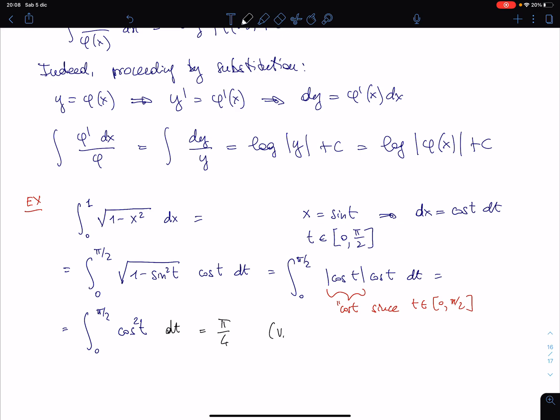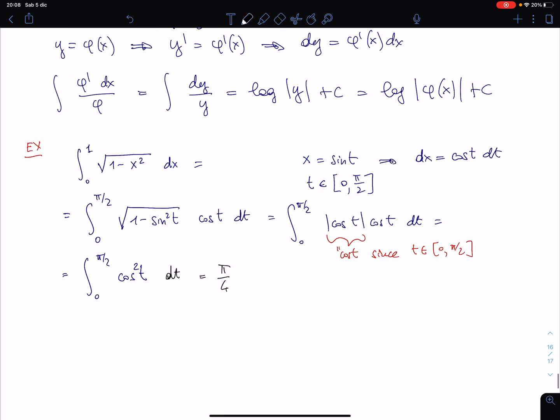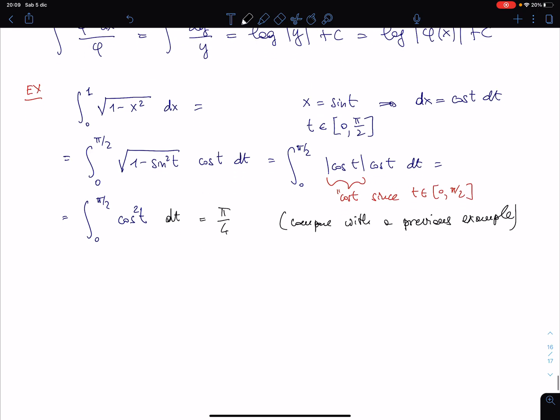It is not Italian, it is English, so I say compare with the previous example. And so try to compute.